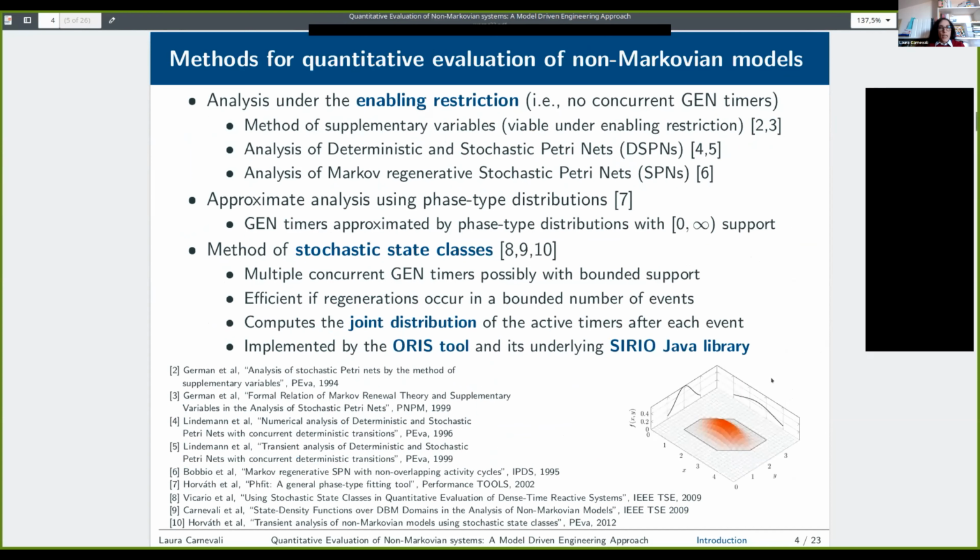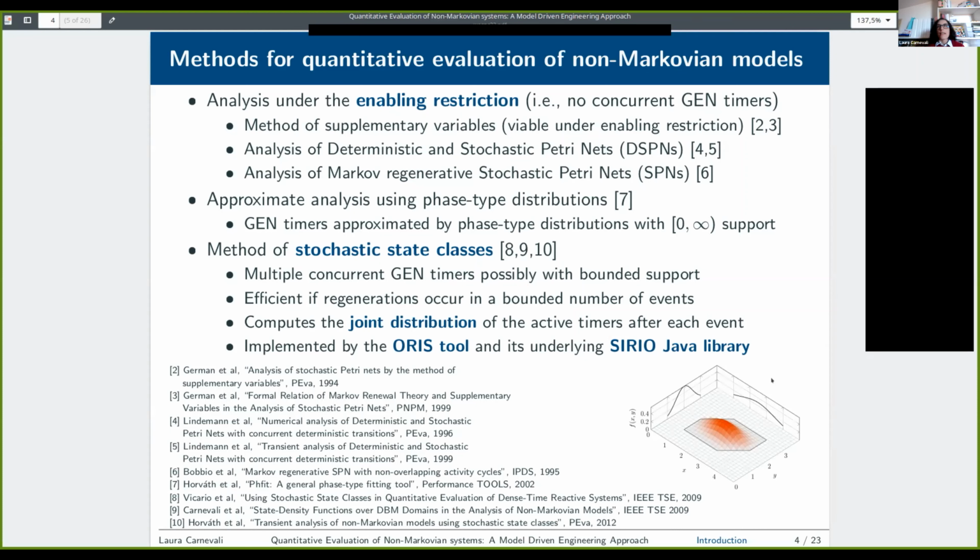Along the years, various solution techniques have been developed to solve non-Markovian models, and most of the literature has worked under the enabling restriction. This is a hypothesis that prescribes that in any state there cannot be multiple concurrent general timers.